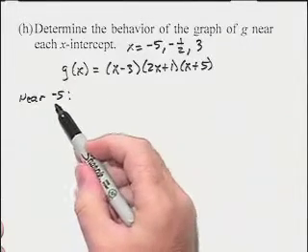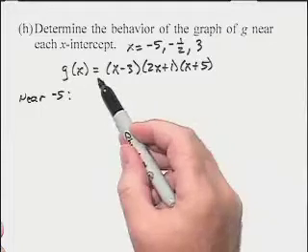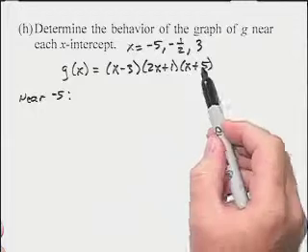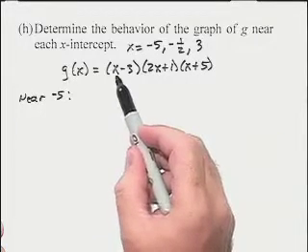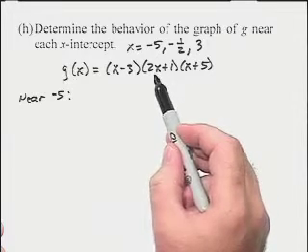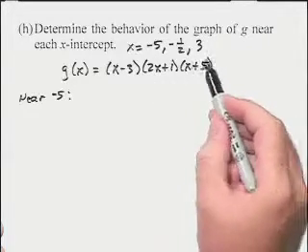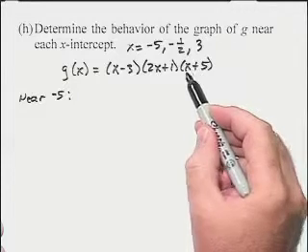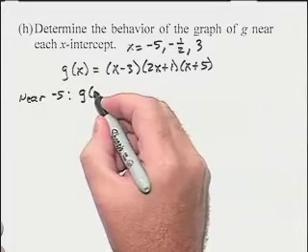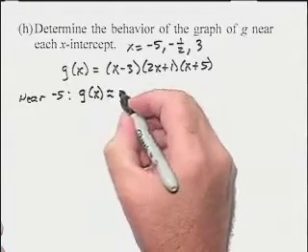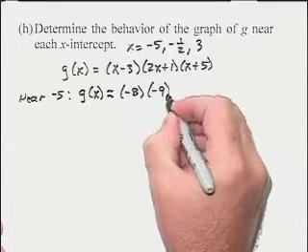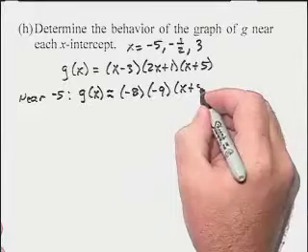To find the behavior near negative 5, we're going to evaluate the function at negative 5 in each of the two factors except x plus 5. So we're going to evaluate g of x. In the first factor, we let x equal negative 5, and in the second factor, let x equal negative 5. But we're not going to evaluate the third factor at negative 5 because that would give us 0. So near negative 5, g of x is approximately negative 8 times negative 9 times x plus 5.